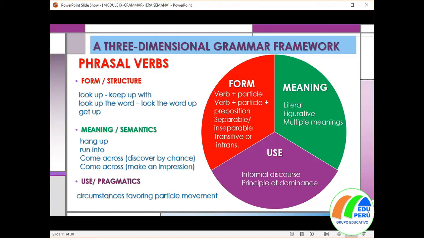So this is the principle of dominance and the uses of informal discourse. Remember, these phrasal verbs are used in informal context. That's why native speakers use this kind of verbs a lot. And this is one of the reasons that sometimes we cannot understand. We say, oh, I ran into a friend. Ran into a friend?